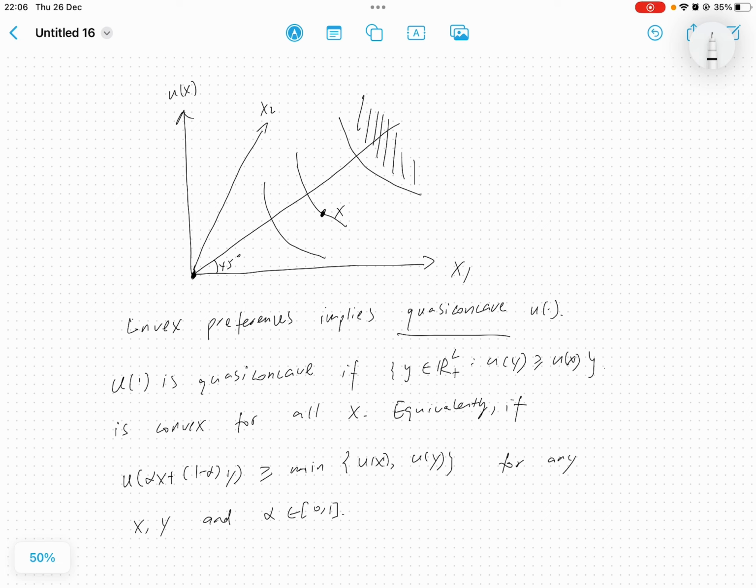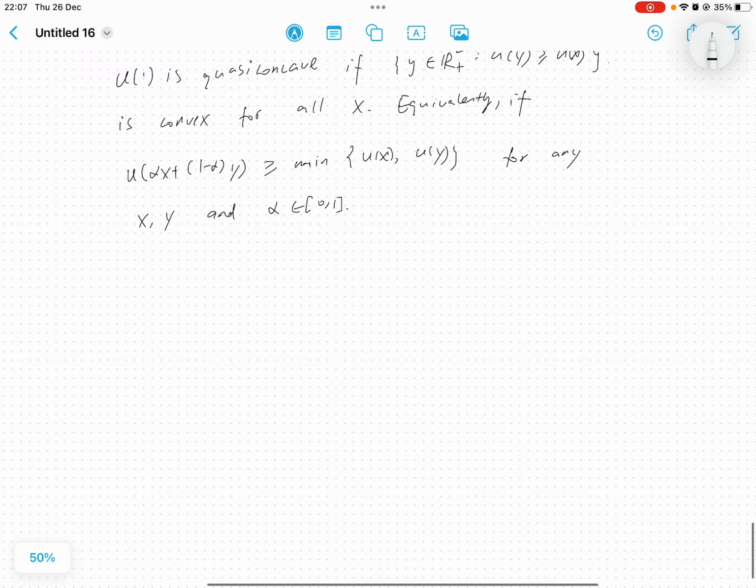However, we need to notice that the convexity of the preference relation does not imply a stronger property, that the utility function is concave. So let's write it down.